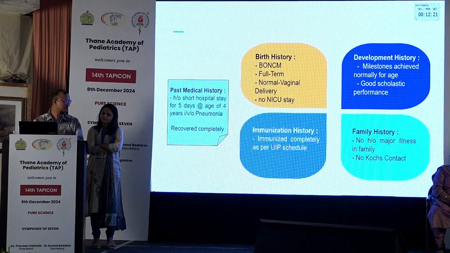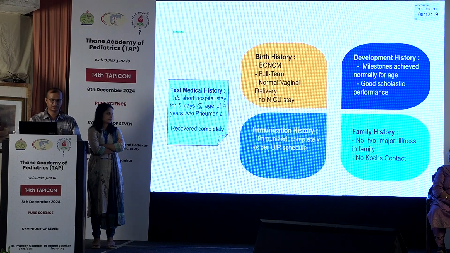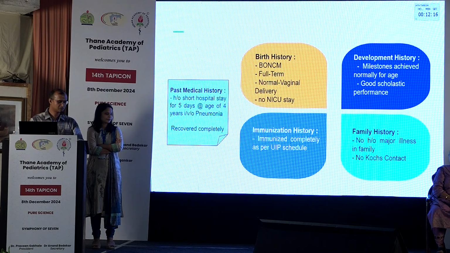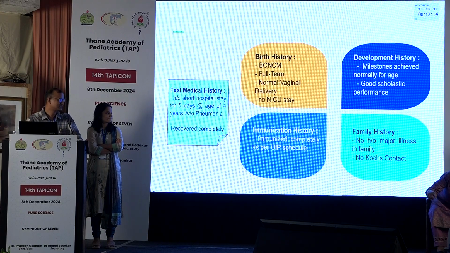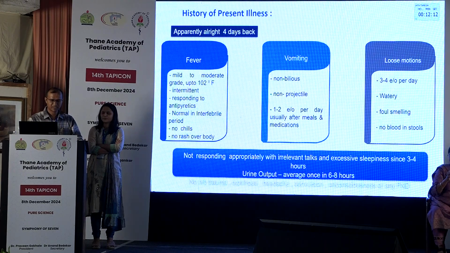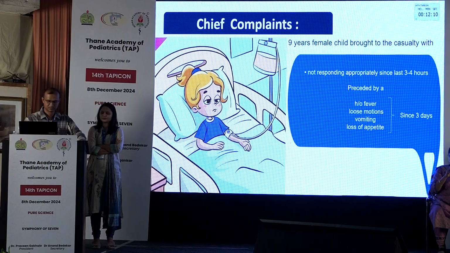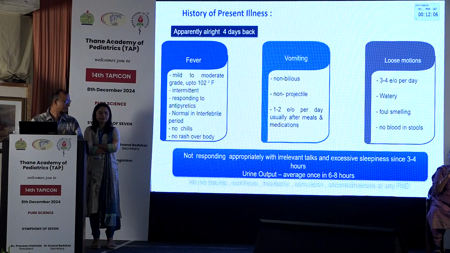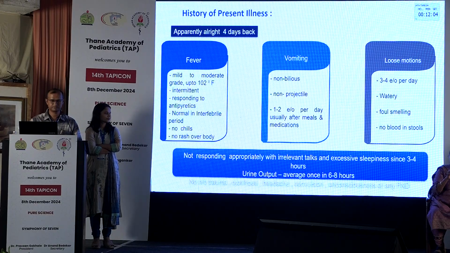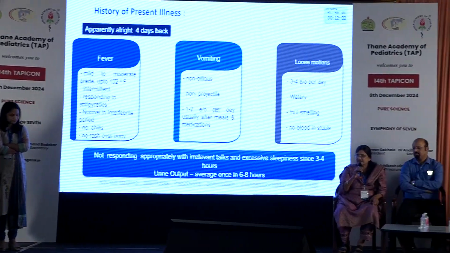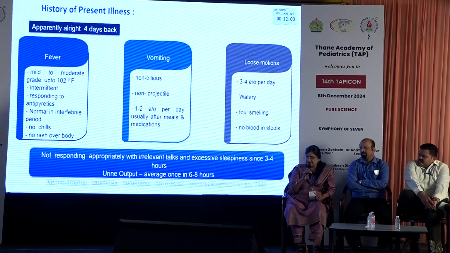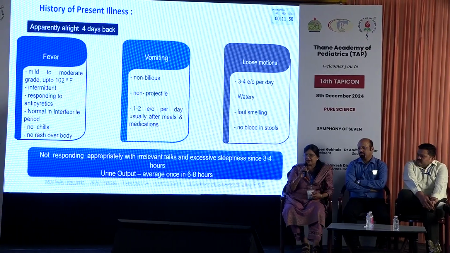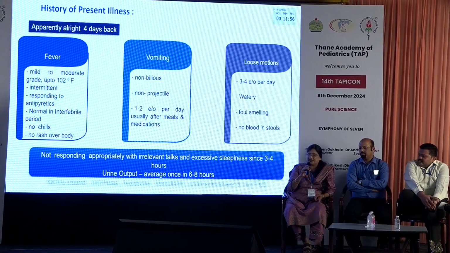So with this history and the case scenario, I would like to ask Dr. Anjali ma'am. Fever, vomiting, loose motions, I would think of a gastrointestinal infection. The only thing is that now she has become dull. After 3 to 4 days, and if you see her urine output once in 6 to 8 hours, that seems a little less for a 9-year-old.